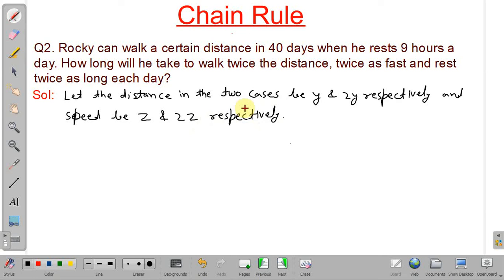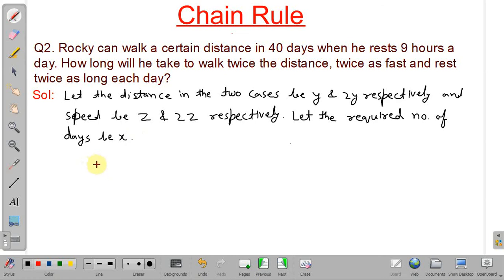And we have to find the number of days. So let the required number of days be x.